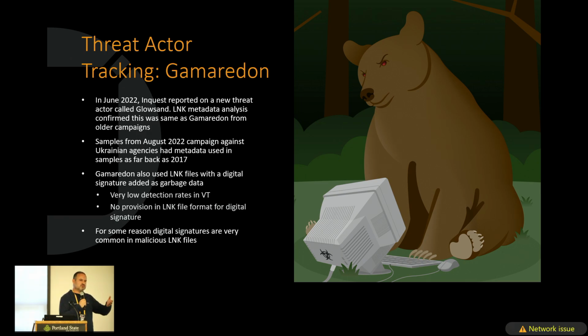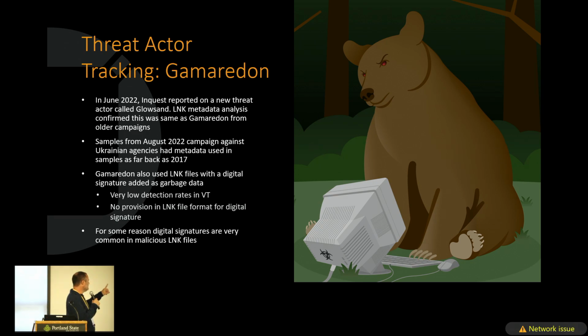And when I looked historically at this drive serial number, by looking at VT and old reports on Gamma Radon that had link files as a delivery mechanism, I noticed that all of these also had the same serial number. I could go back to reports from 2017 on Gamma Radon that had link files as a delivery mechanism with the exact same one.